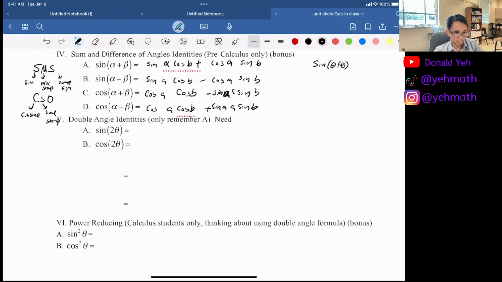So it's going to be sine theta cosine theta plus cosine theta sine theta. Since these are the same, I can combine them to become 2 sine theta cosine theta. You can choose to memorize it, or you can choose to understand how you get it from the sine formula.